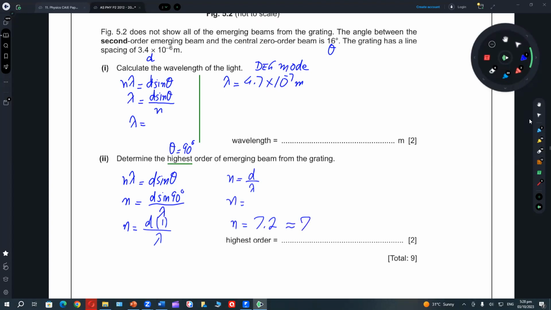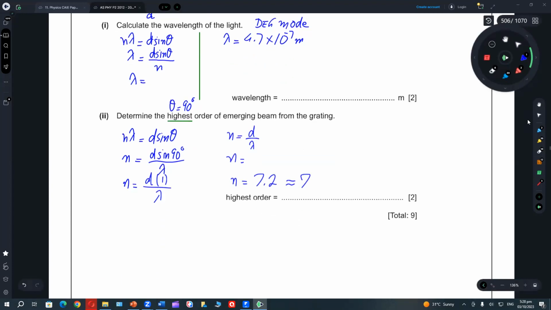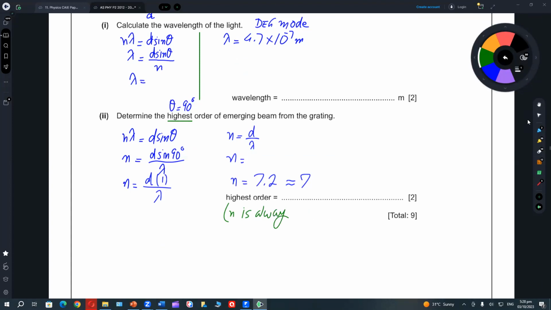Do we always round backwards for n? If it's n, then it is always rounded backwards. Always? Always. Because it's a count, it's a real figure. Many people make a mistake. Suppose they get 7.9, so they would think it would be 8.